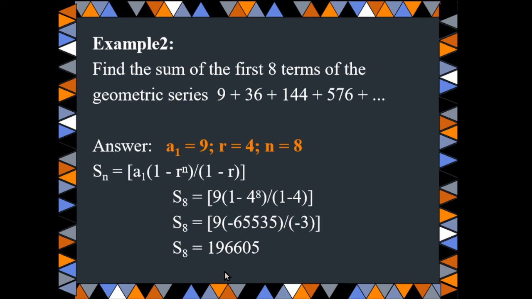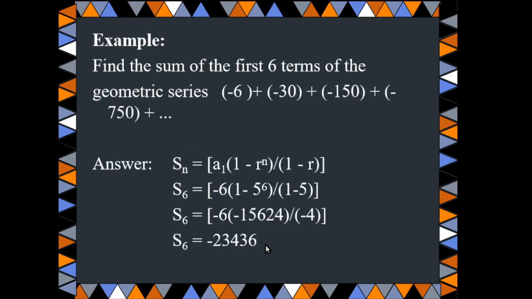The final answer, S sub 8, or the sum of the first 8 terms of the given geometric series, is equal to 196,605. So that's the example for 8 terms.